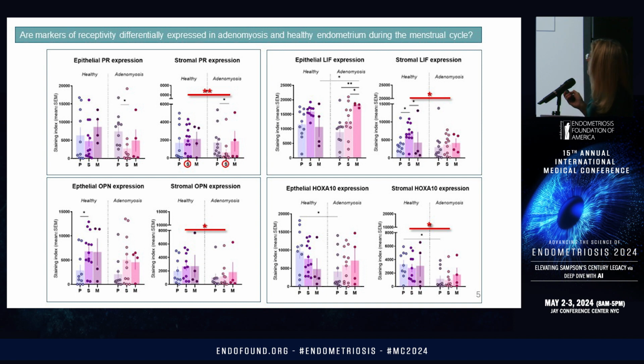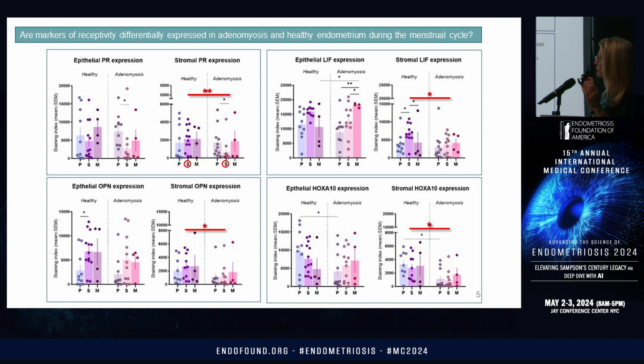Going on with the LIF marker, we will have a look at the secretory phase. Again, there is a significant difference between the healthy and adenomyosis groups. Osteopontin, we will see the same here. And oxaten, which is a very well-known marker for endometrial receptivity, the same.